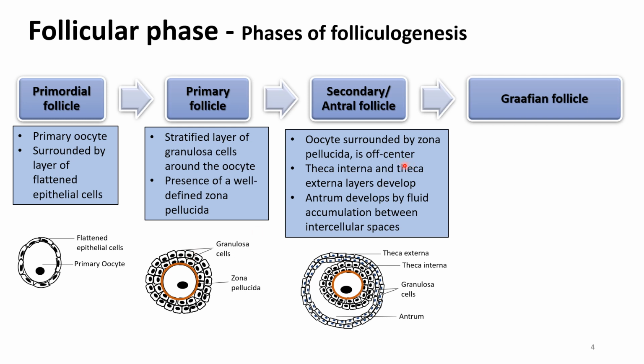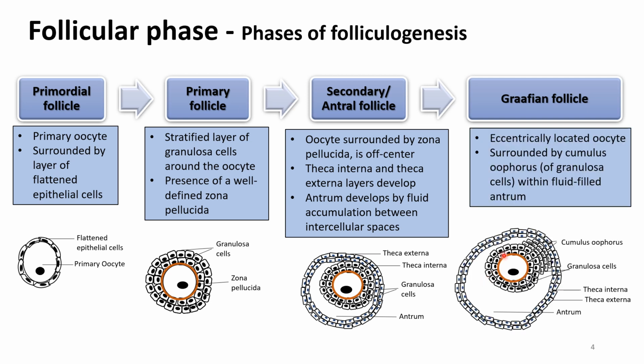And in the secondary follicle, the oocyte is eccentric or off-center, and the theca externa and the theca interna layers develop, and the fluid accumulation between the intercellular spaces of the granulosa cells ultimately form the antrum, and this is called as the antral follicle.